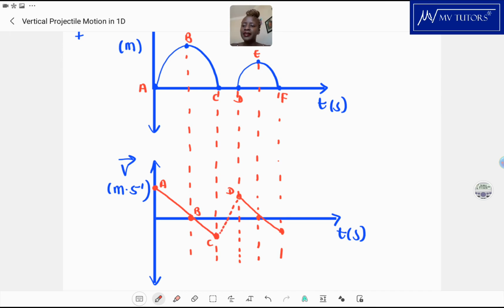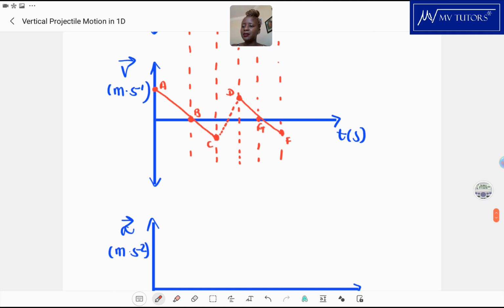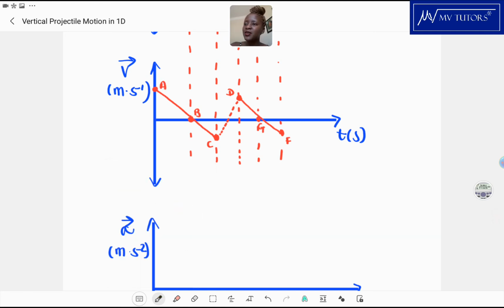And then again, the second bounce, initial velocity there at D, and then the maximum velocity there at F. And then at G, we know that velocity is 0. So that is your velocity time graph. Maybe let me make it black so that it is quite visible. So yeah, it is something like that, and then like that. You can decide to make this dotted or leave it.